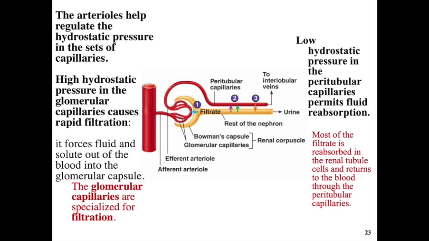So you open a faucet, you dilate the arteriole, you have more hydrostatic pressure. You close the faucet, you constrict it, the same thing as constricting the afferent, you have less water pressure. So this water pressure is what's going to be very important to regulate what is filtered. So let's come back to this in a bit.